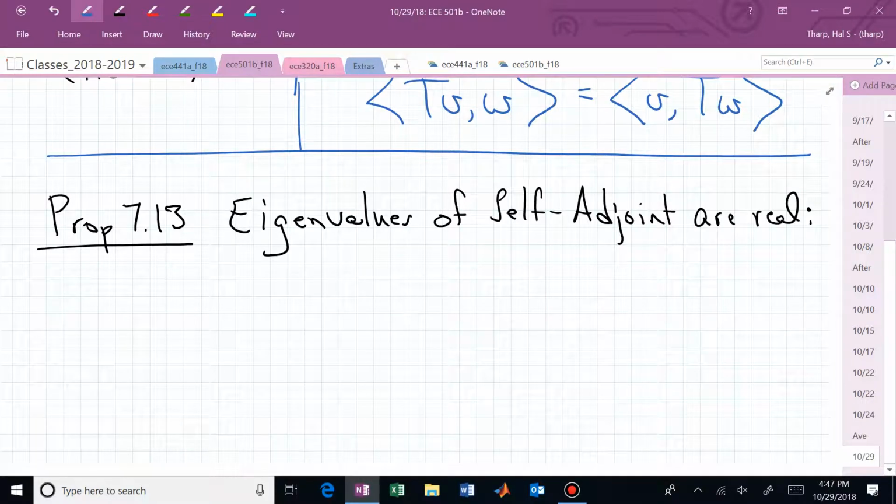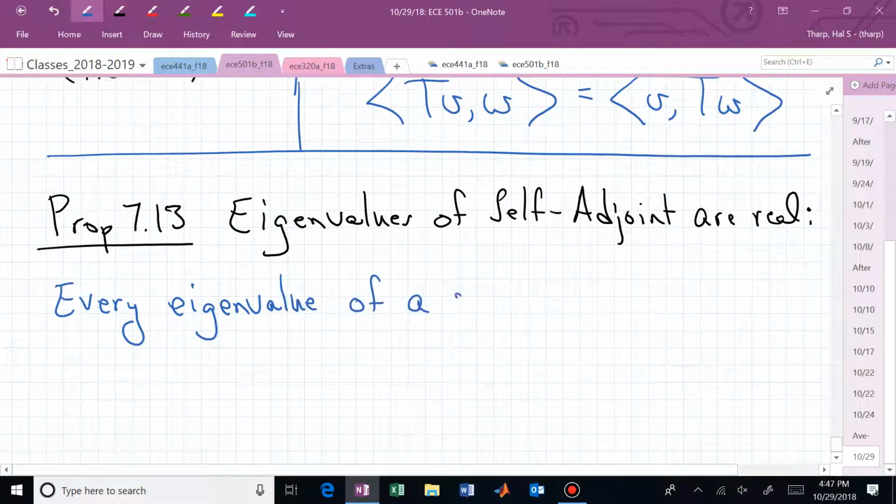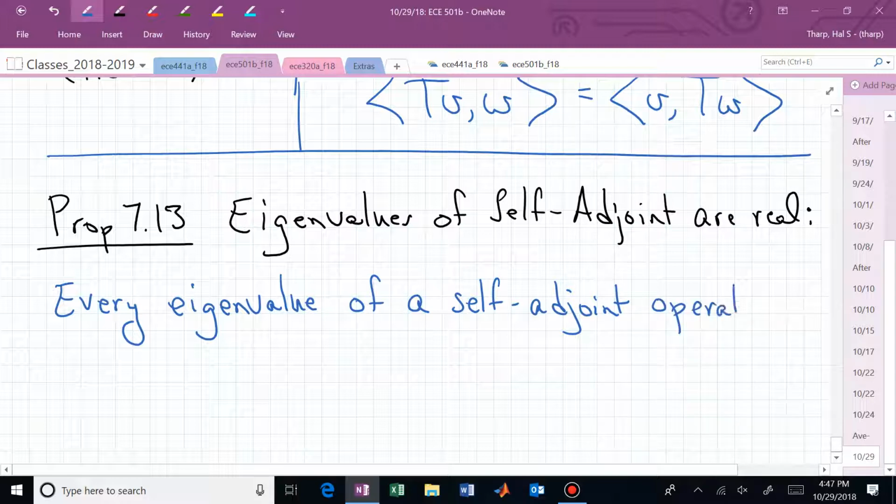And here's really just the statement of this proposition. Every eigenvalue of a self-adjoint operator is real.